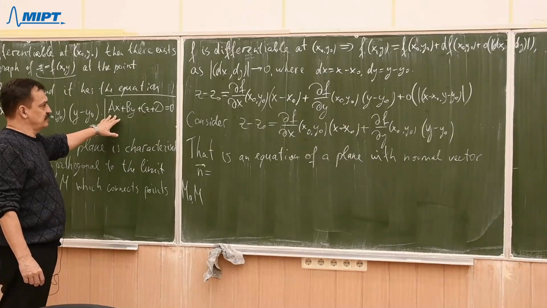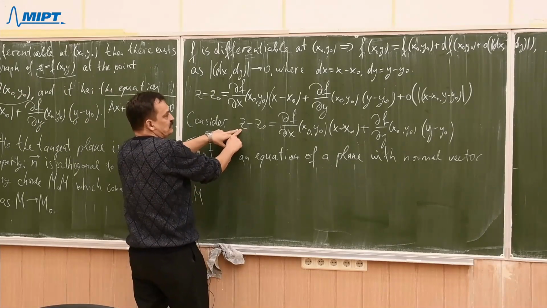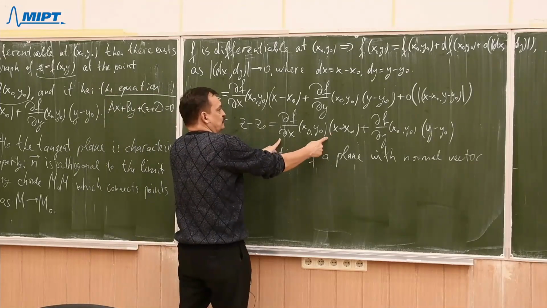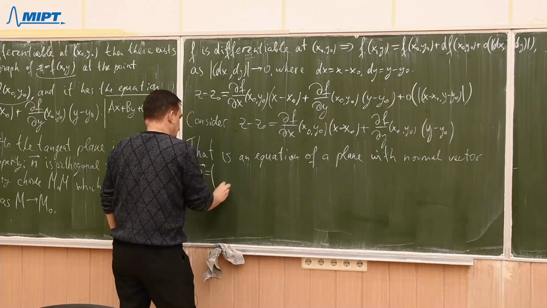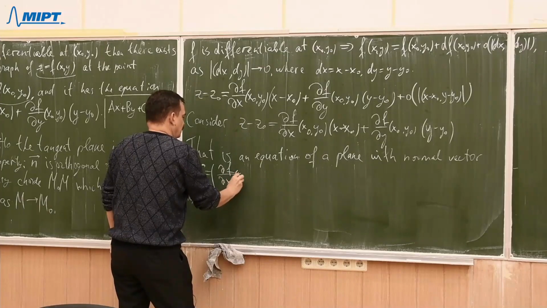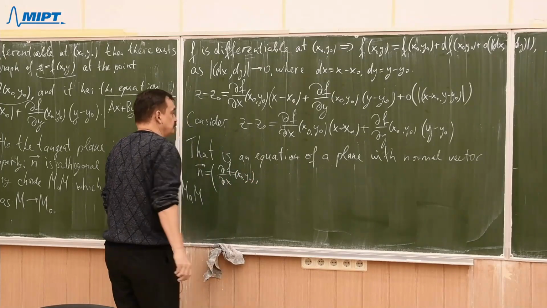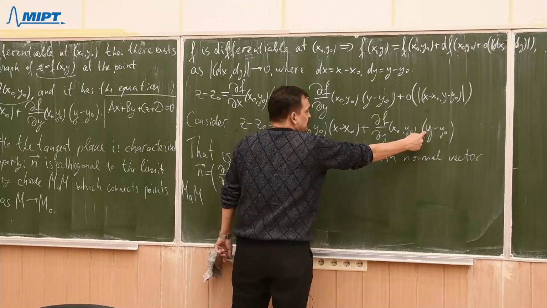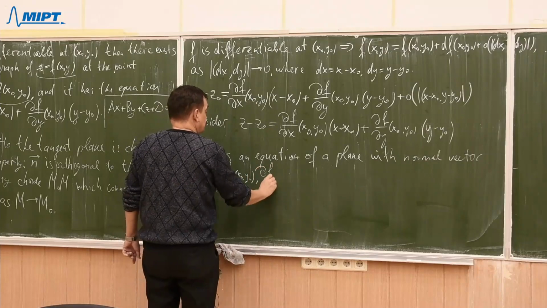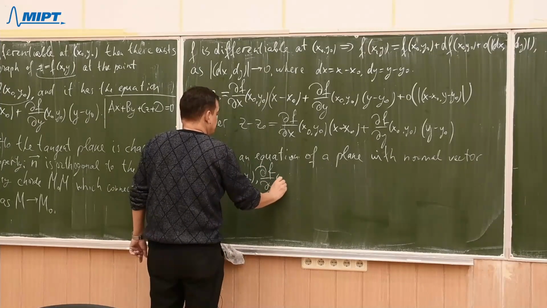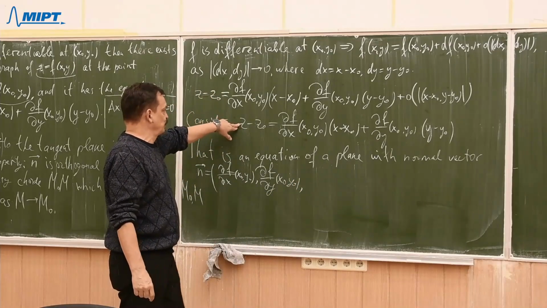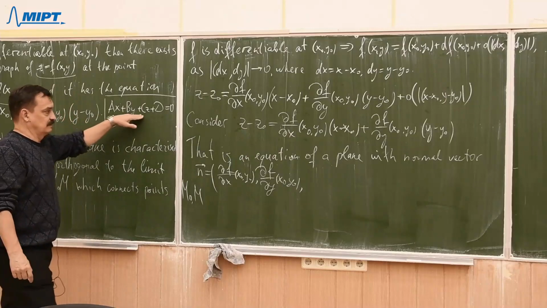Okay, what are the coordinates? If I put z minus z naught to the right hand side, then the coefficient in x is this one. So that is the first coordinate, partial f over partial x at x naught, y naught. The second coefficient in y is the partial derivative of f with respect to y. The third coordinate, the coefficient in z, when we put it on one side, like here, we obtain -1.